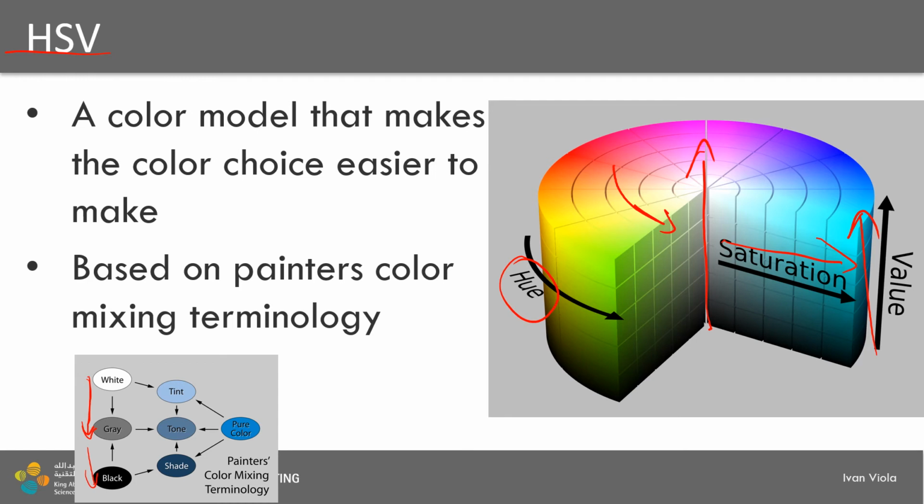But this also works for other colors. For example, for this blue one, we can see that we have some highlight color of the blue, then the major tone of the blue, and then the same blue color in the shadow. So in this color space, we can easily identify colors which are consistent with the painter's theory of color mixing.